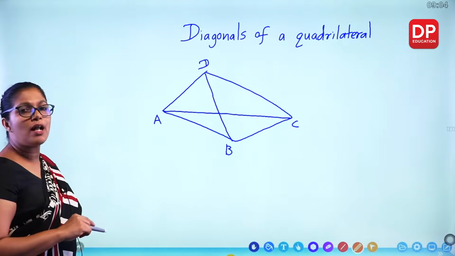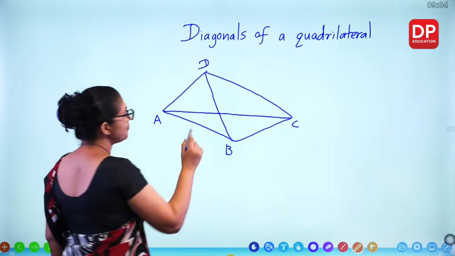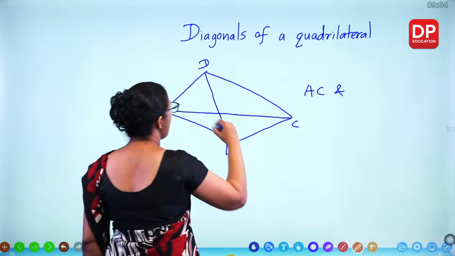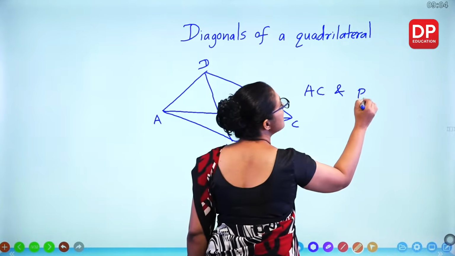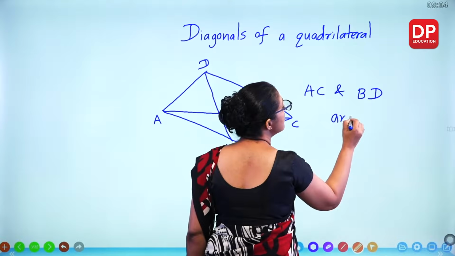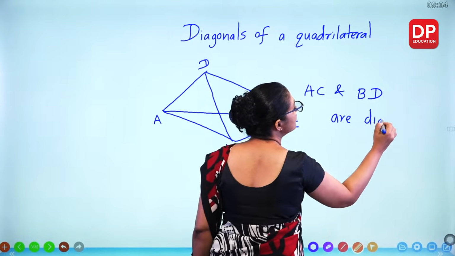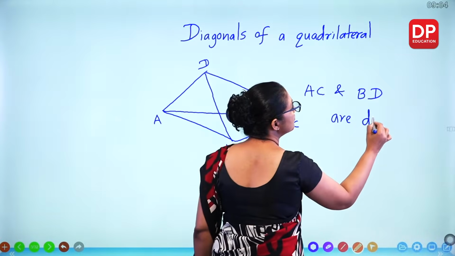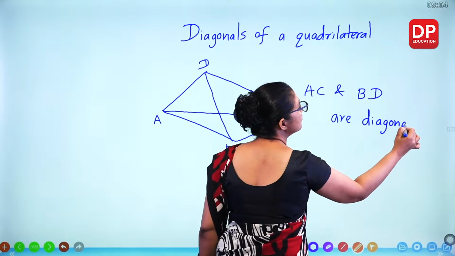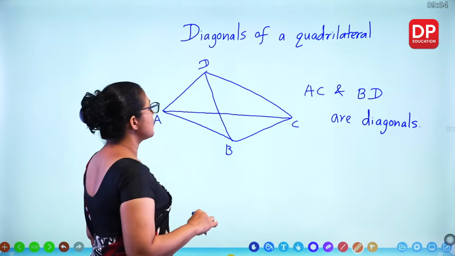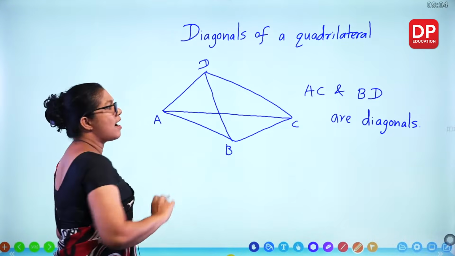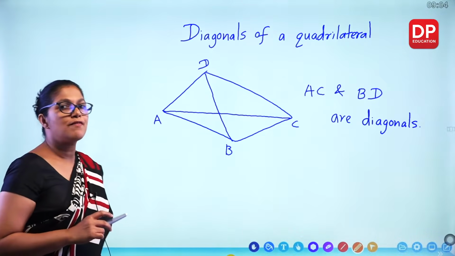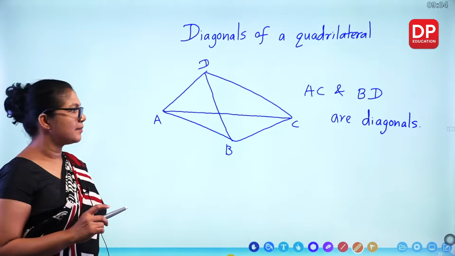So these are called diagonals. So AC and BD are diagonals. So when you get a quadrilateral, make sure to identify what are diagonals.